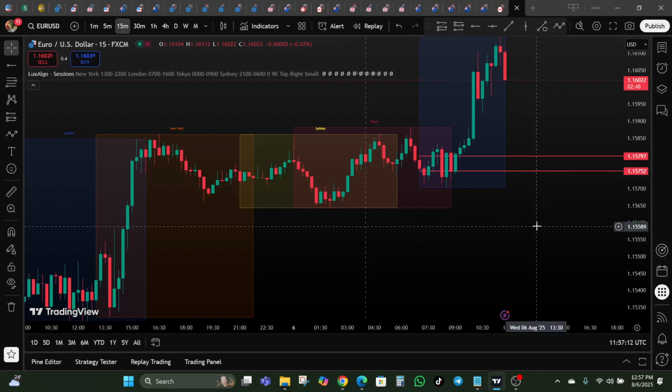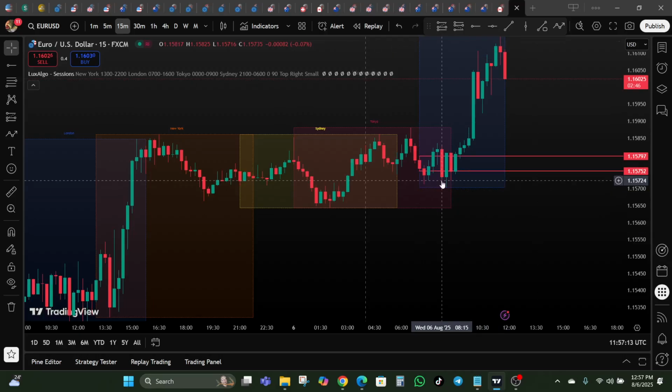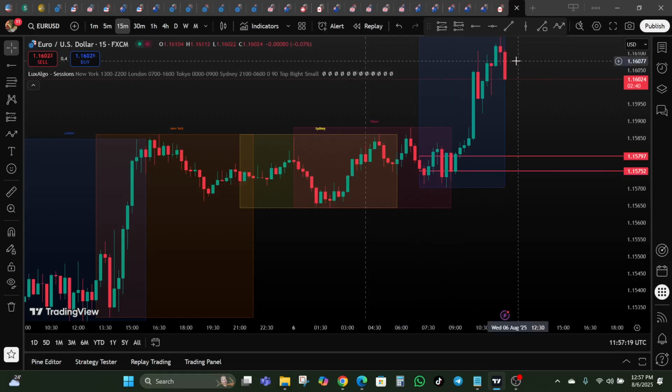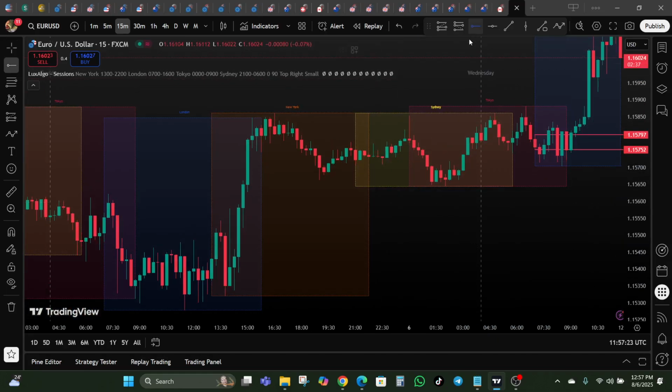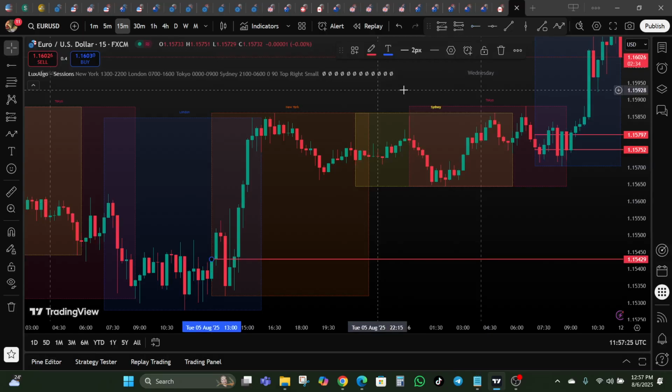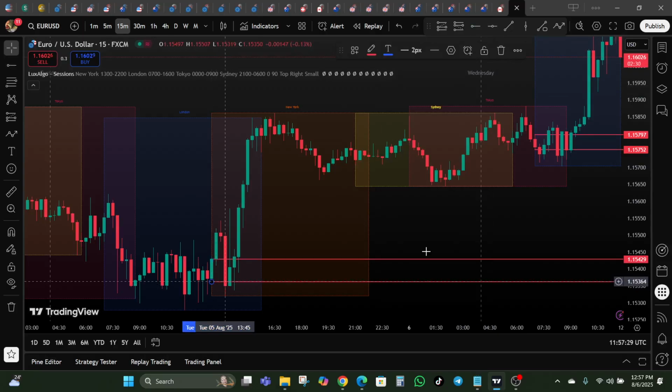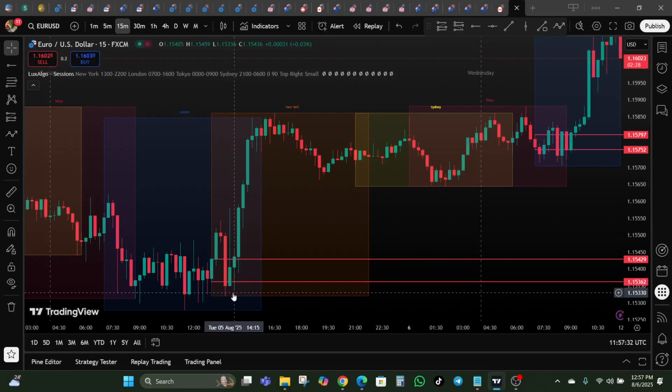So you can see that there was a false breakout before we had a move to the upside. Now, this example is for the New York. And you can see we had a false breakout as well, and then a move to the upside.